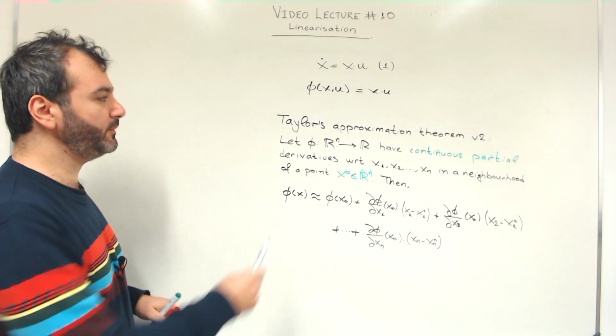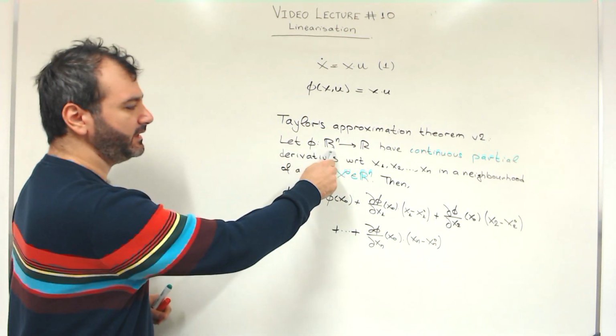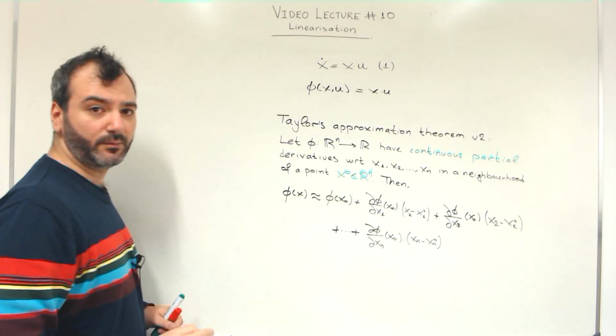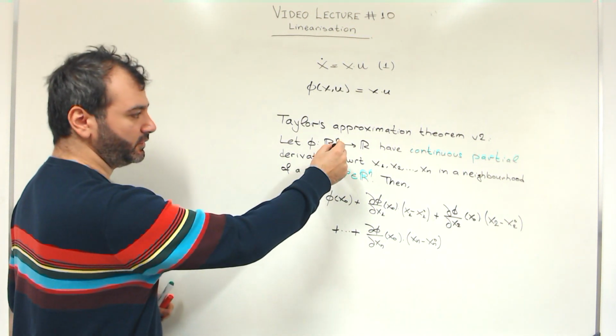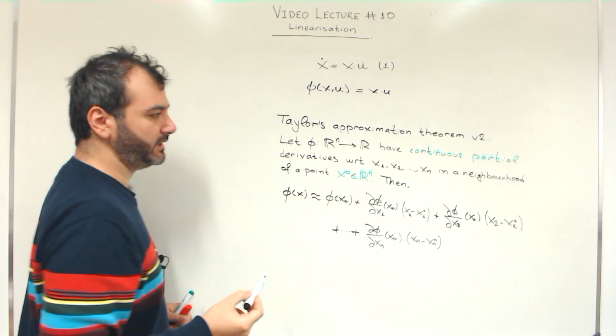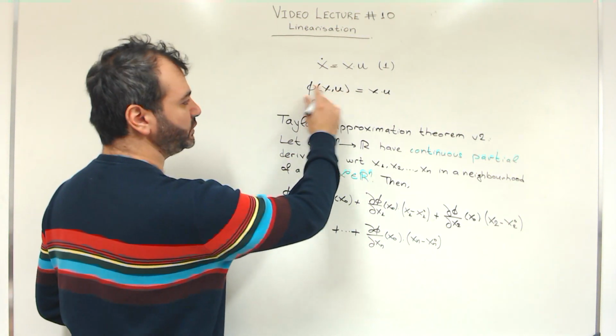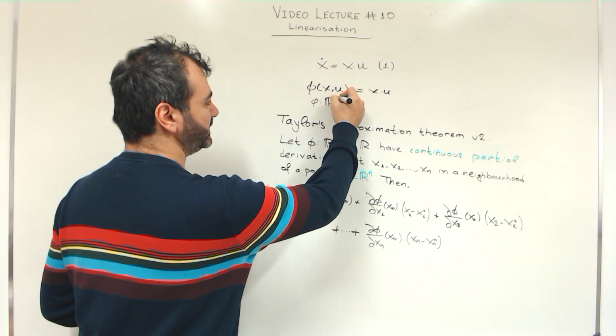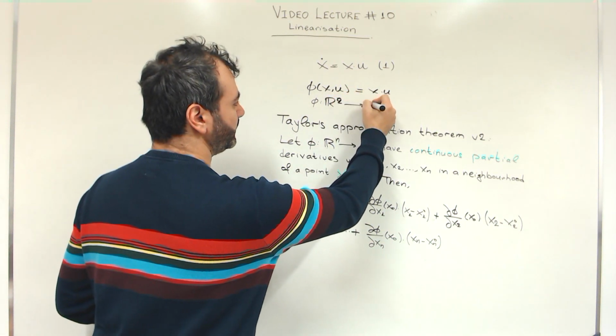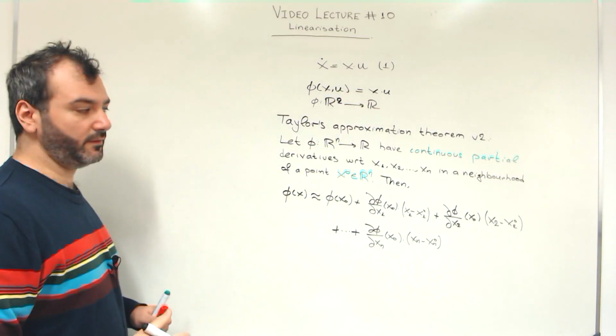Let's read the theorem. It states that if phi is a function of n variables that takes a vector of dimension n and returns a number, so it is a function like this one. Phi indeed takes 2 variables here, in this example, and returns one number, their product.